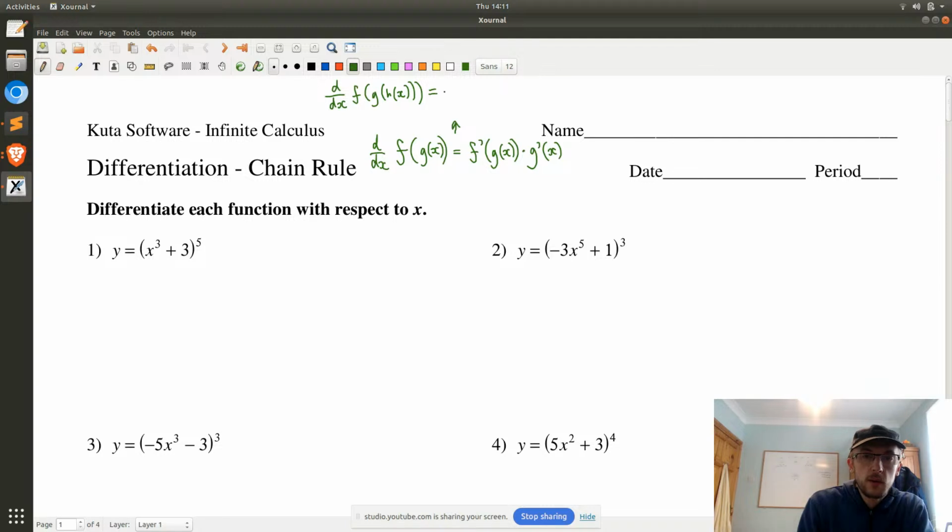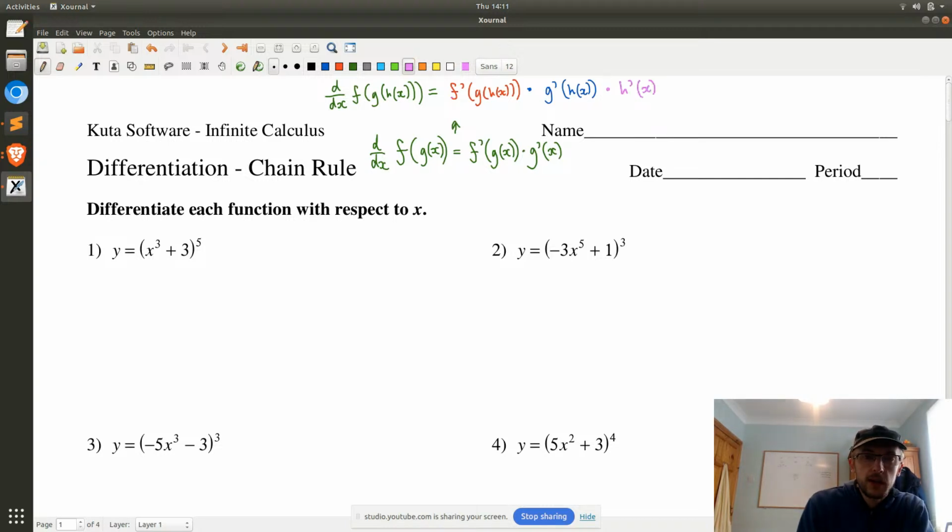Okay, so here's how it works. Are you ready? Differentiate the outside one and leave the inside two alone, times the derivative of the middle function, if you like, leave the inside one alone, times the derivative of the inside.